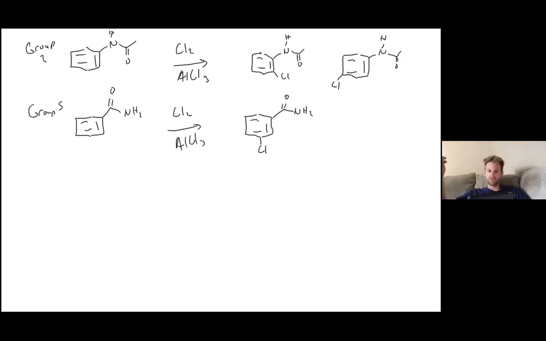Similarly, I'm not going to draw each of these, but Br2. So taking our ortho-para director, throwing in Br2, FeBr3, lets us brominate.